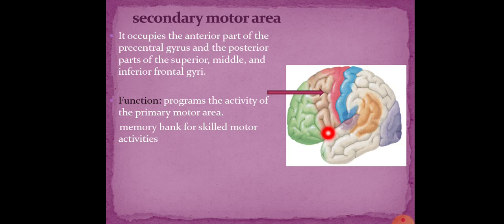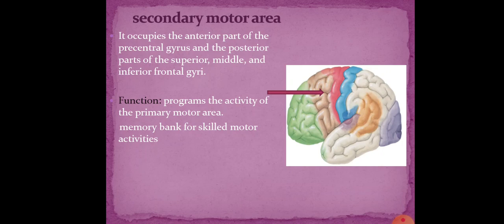Secondary motor area or premotor area or Brodmann area 6, color here by brown. It located in the anterior part of precentral gyrus and the posterior part of superior, middle and inferior frontal gyrus.